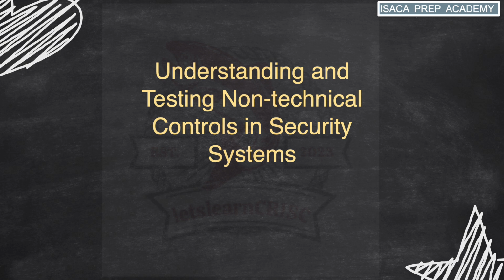Unlike their technical counterparts, which involve software and hardware defenses, non-technical controls focus on human and environmental aspects. Friends, testing these controls is essential for maintaining a robust security posture, ensuring policies, procedures, and physical barriers are effective in mitigating potential threats.